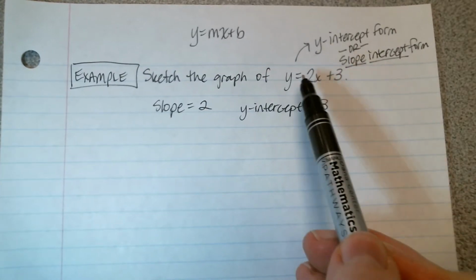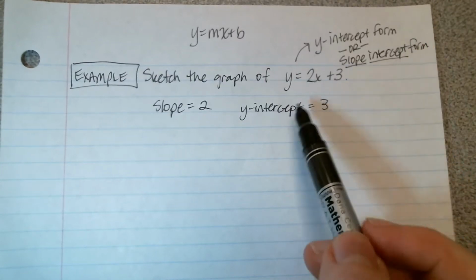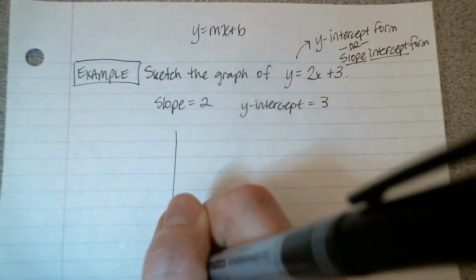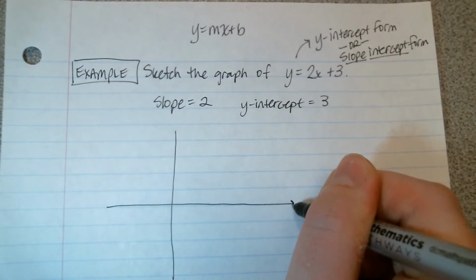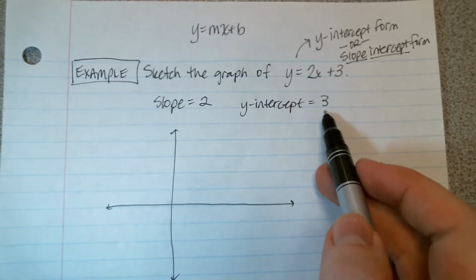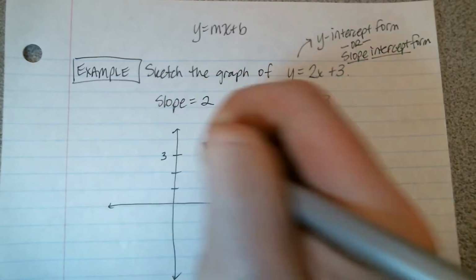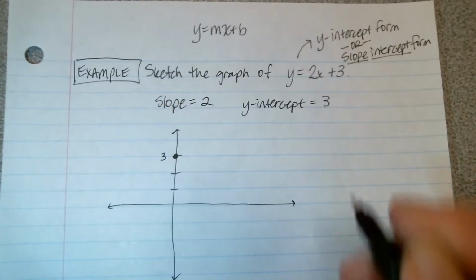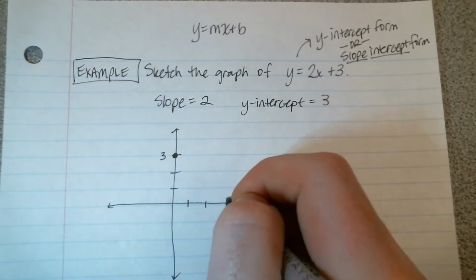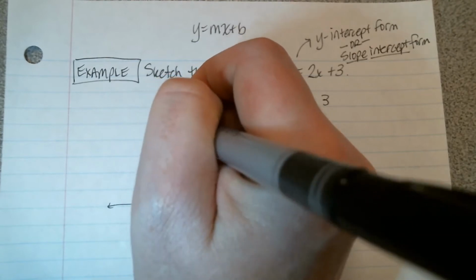In order to sketch the graph of a line, you either need 2 points or 1 point and the slope. So I'm going to draw a coordinate system here. And we need the y-intercept to be at 3 right here. And the slope is 2. So I'm going to put some tick marks here and extend this up.